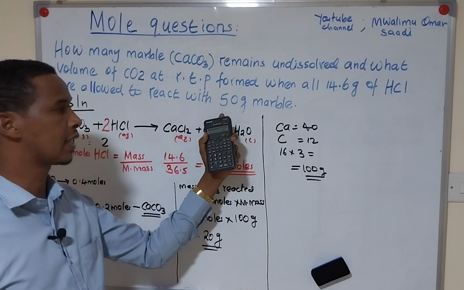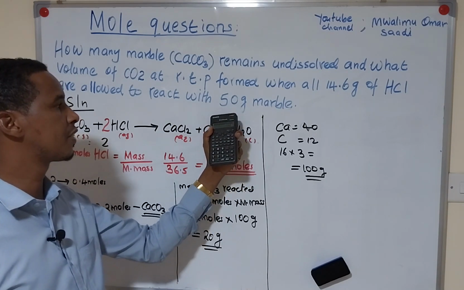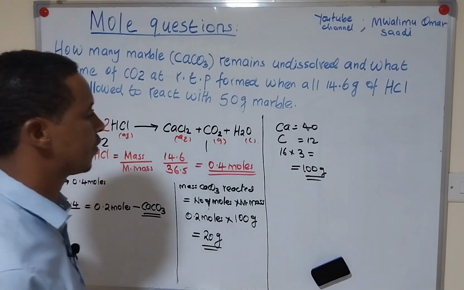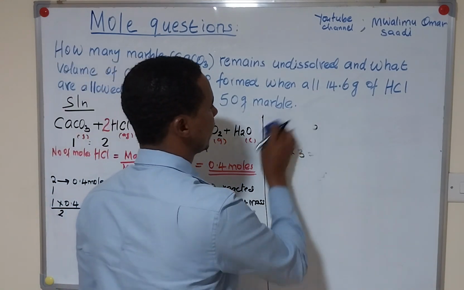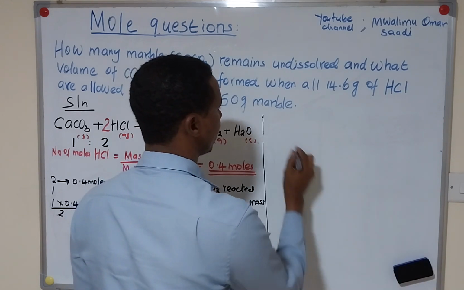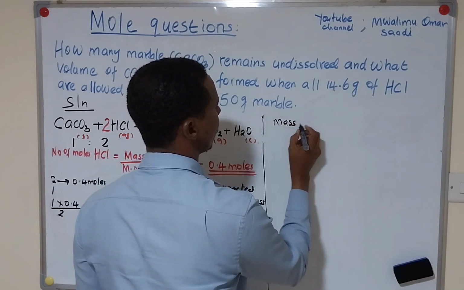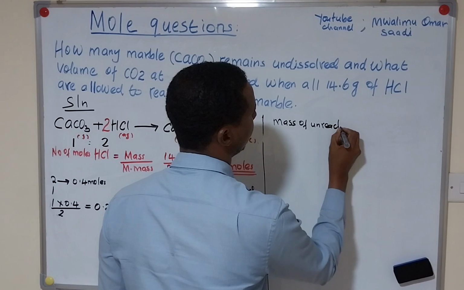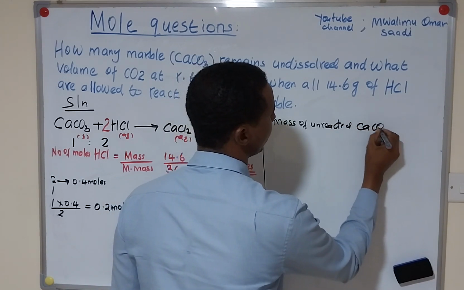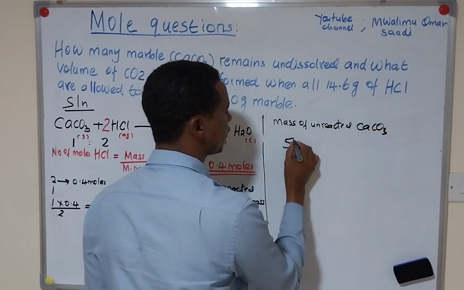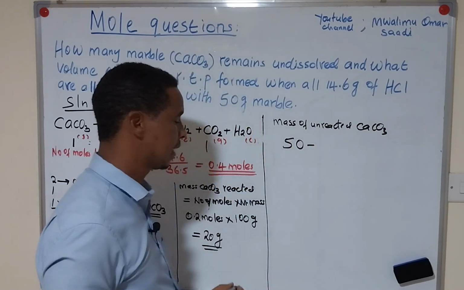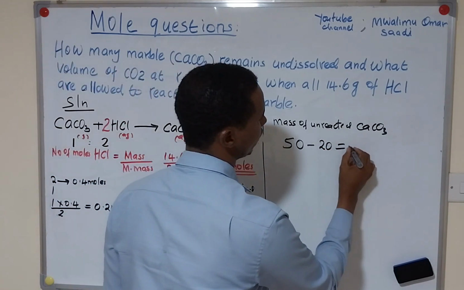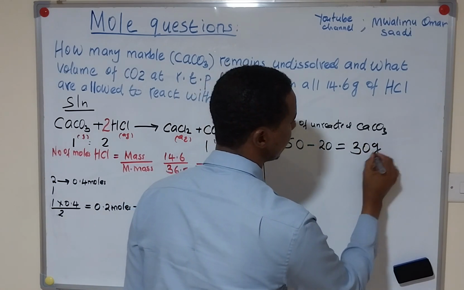The mass of calcium carbonate initially used was 50 grams, and the mass that reacted is 20 grams. So the mass of unreacted calcium carbonate will be the initial mass, 50, minus the mass that reacted, 20. That gives 30 grams.